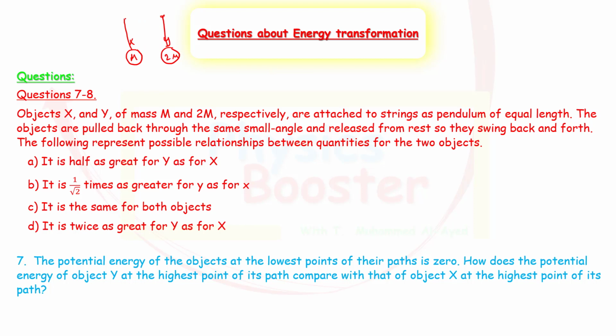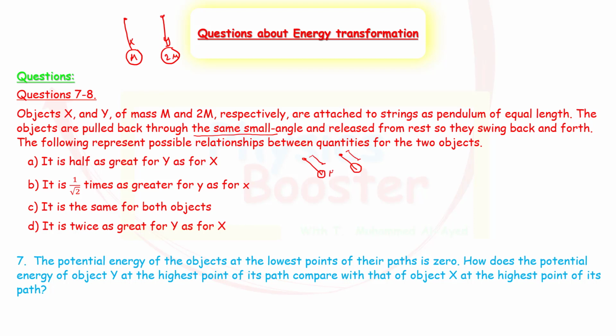Now start thinking about velocity and them having the same velocity. Because we mentioned before, if two pendulums had the same length, they would have the same time period because they have the same velocity. Now the objects are pulled back through the same small angle. Again, this is object X and this is object Y, which is a little bit bigger, but we have the same length of strings.